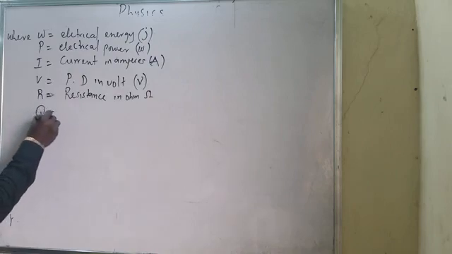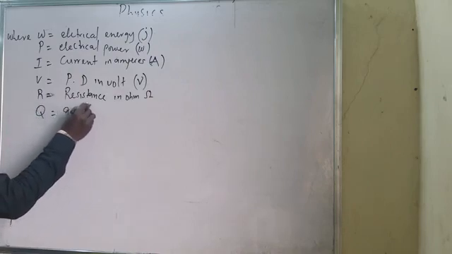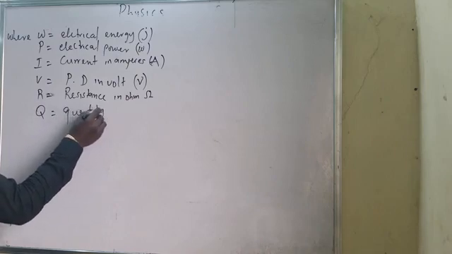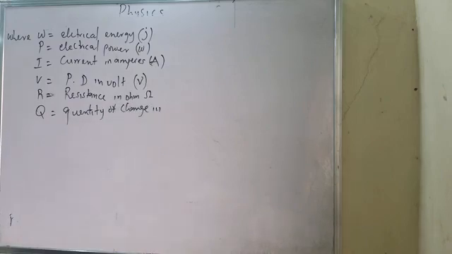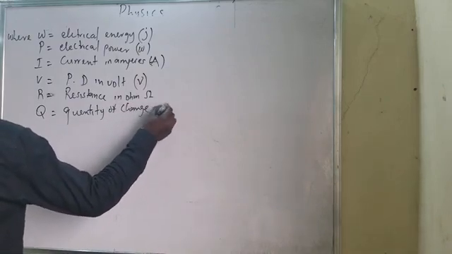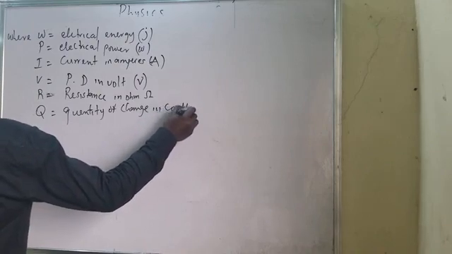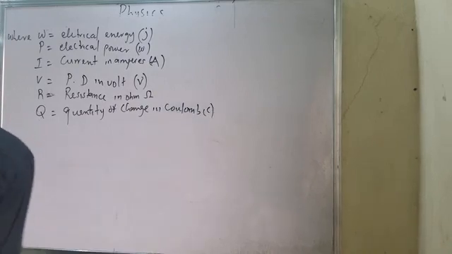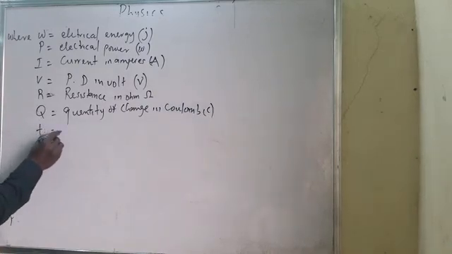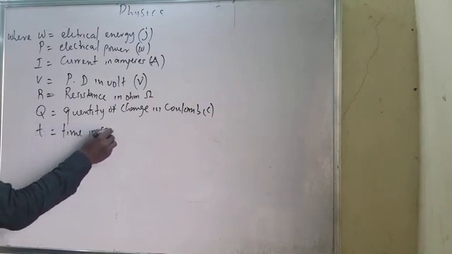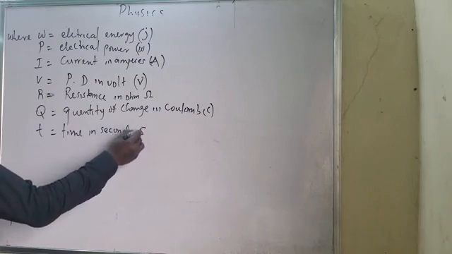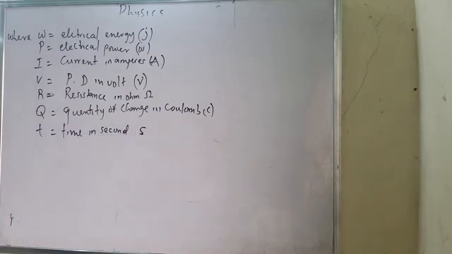We have Q, which is called quantity of charge, in coulombs, which is C. T is also there, which is time taken, in seconds, which is S.